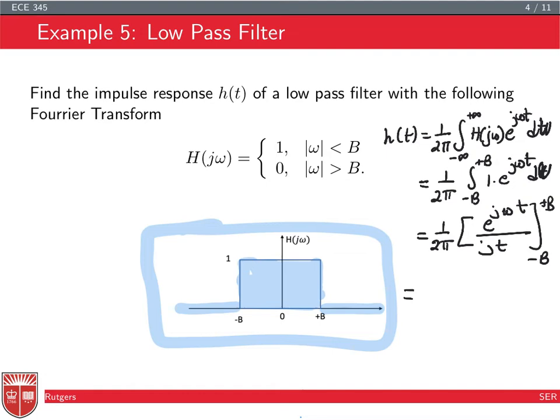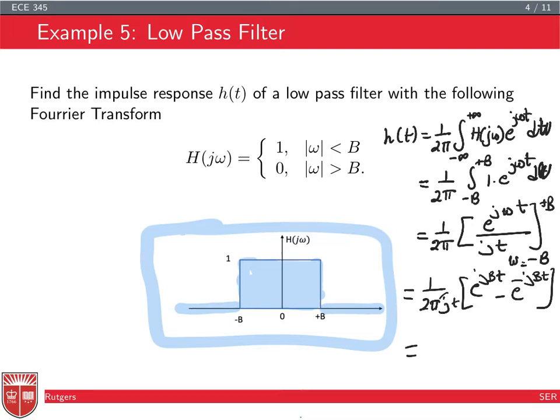You can take the j outside, so it's going to be 1 over 2 pi j times e to the j bt minus e to the minus j bt, all divided by t. Here t is constant, so we evaluate at omega equal to minus b and omega equal to plus b.